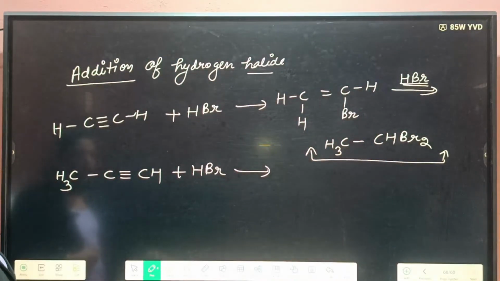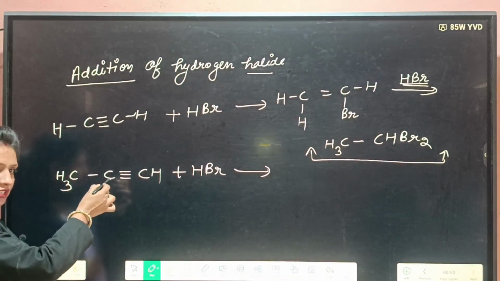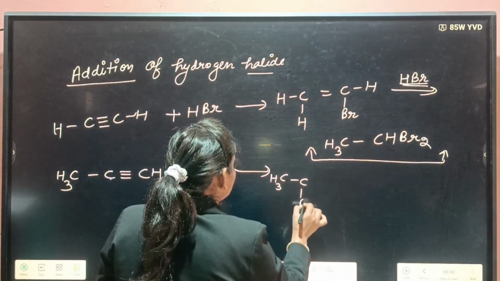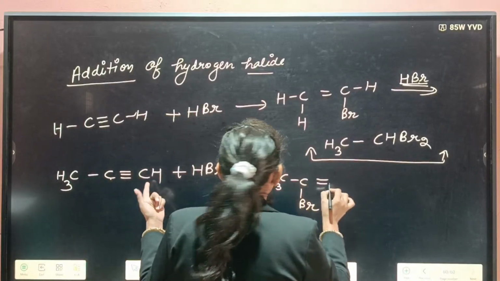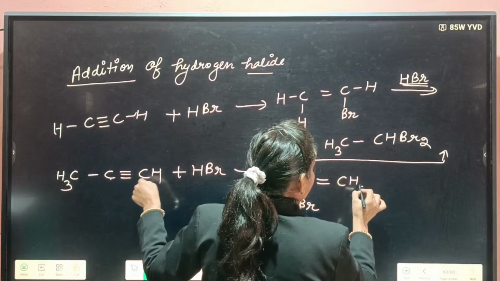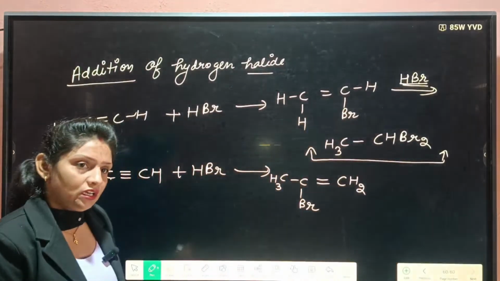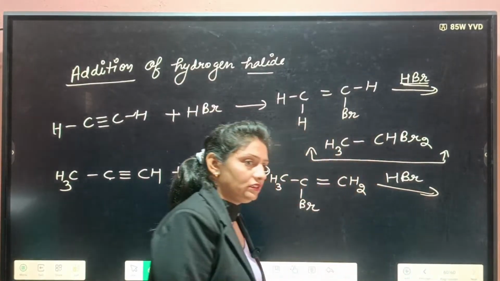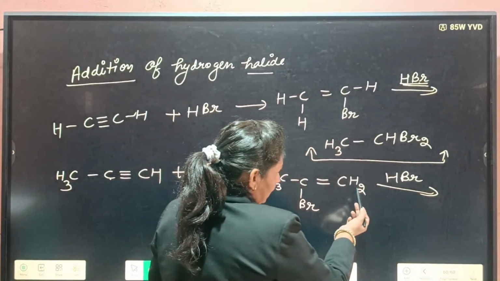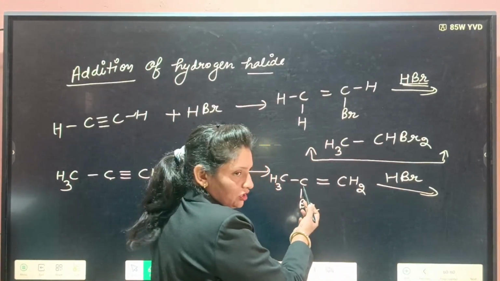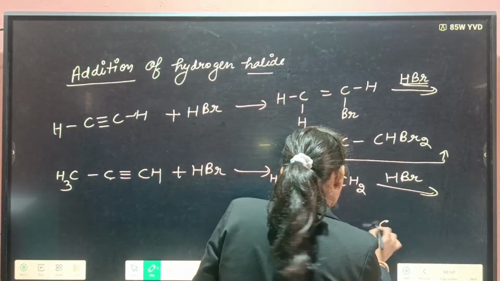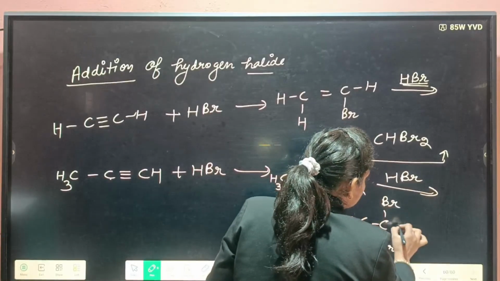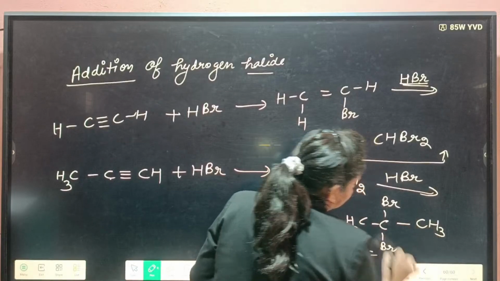This carbon has no hydrogen, so it has the lesser number, and you attach Br to this one, break this bond, and give hydrogen to the other. Clear? Because a double bond is still there, it can react further. This carbon has two hydrogens and this one has none, so you attach the halogen to this one, single bond, and hydrogen to the other.